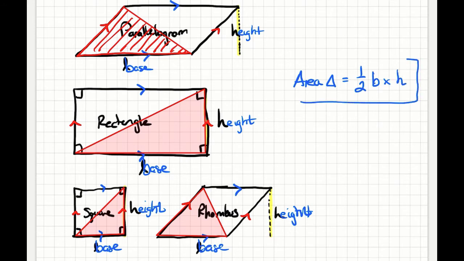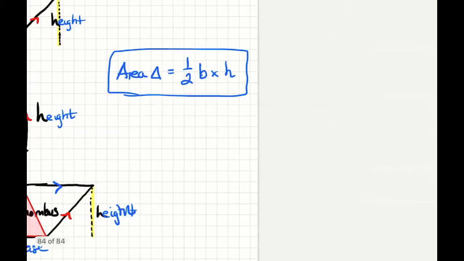So this is the formula we're going to be using today. And half the battle sometimes is just figuring out what's the base and what's the height. So let's look at several examples of triangles.